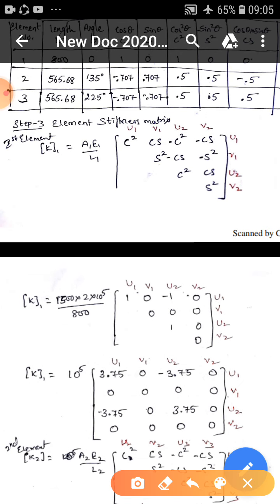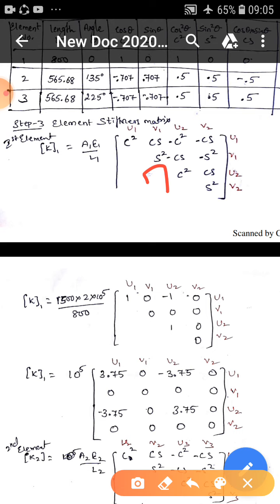Step 3 is the element stiffness matrix. Element stiffness matrix K1 is A1 E1 by L1 times C square, CS, and so on. I have written only the upper triangle of the matrix because it is symmetric in nature.